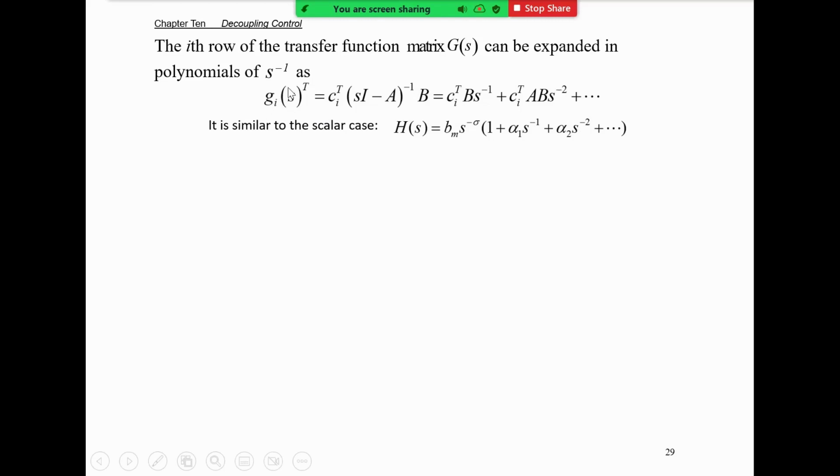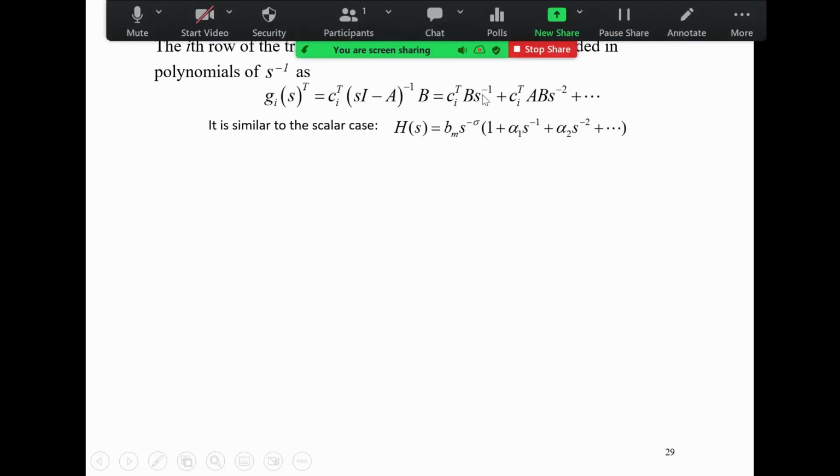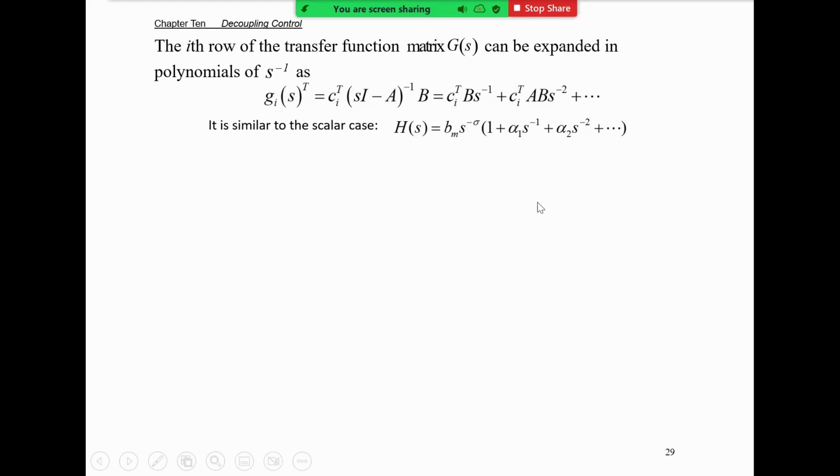For the vector case, this is very similar to the scalar case, so we need to define the relative degree in the same way as for the scalar case.